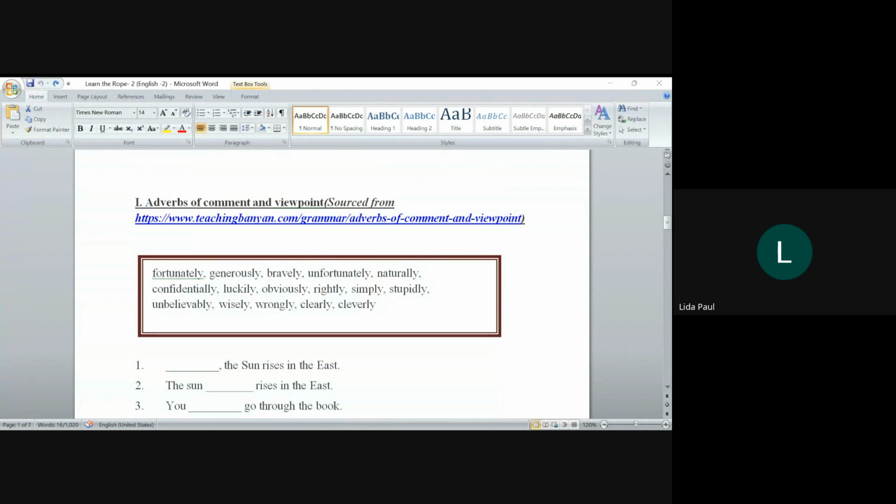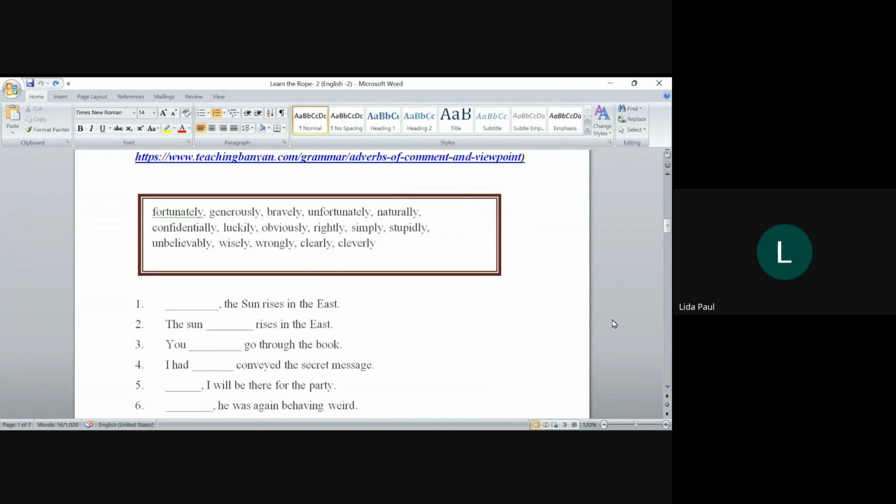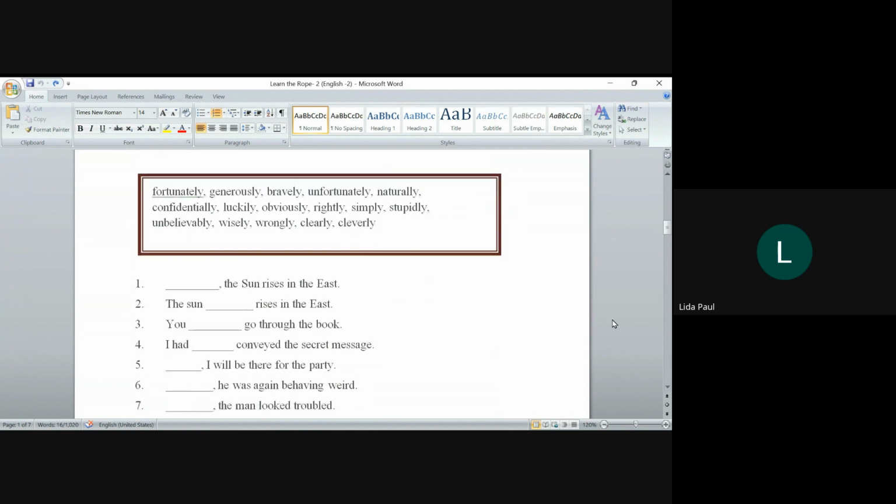You can find these words there because as we scroll down, you won't be able to see this box. So just for the sake of that, it's there. You can pick out the words from the chat. So we're going to use these. Right now, we are not going to be bothered about whether it is comment or viewpoint or anything. We're simply going to pick these and use the appropriate words to fill these blanks.